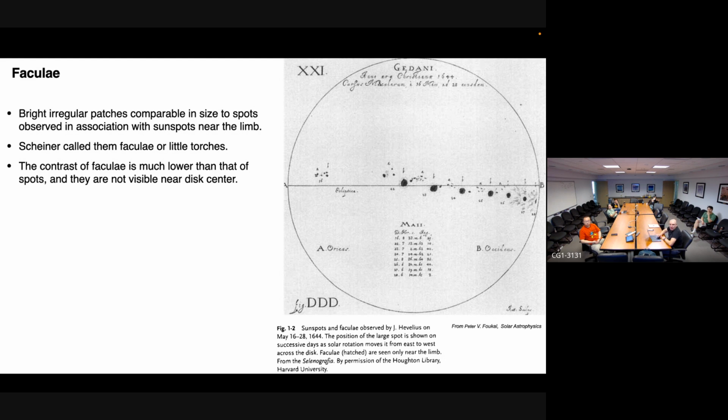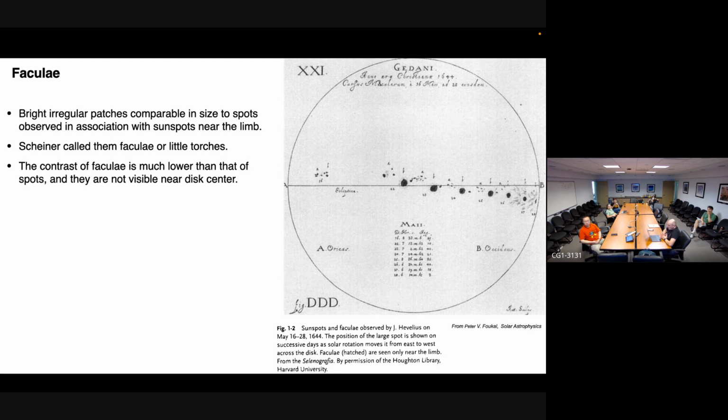The sunspot penumbra is resolved here, but more importantly, at the limb, this active region develops some bright irregular patches comparable to the size of spots.